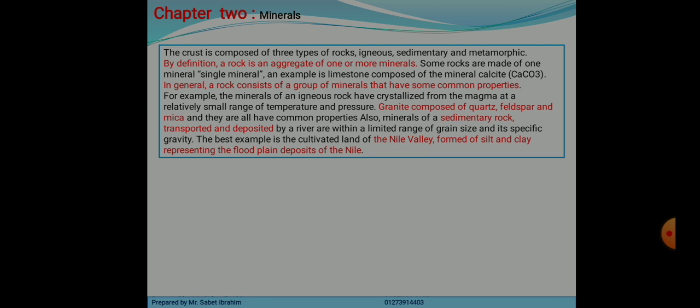So, in general, a rock consists of a group of minerals that have some common properties. For example, the minerals of an igneous rock have crystallized from the magma at a small range of temperature and pressure.